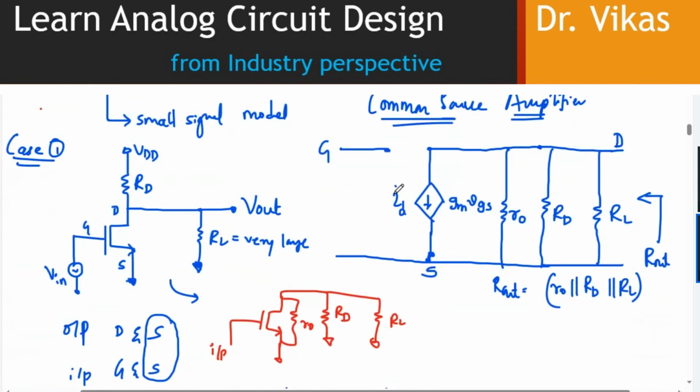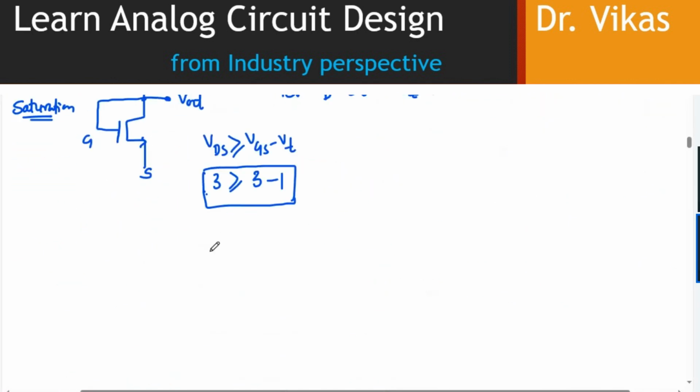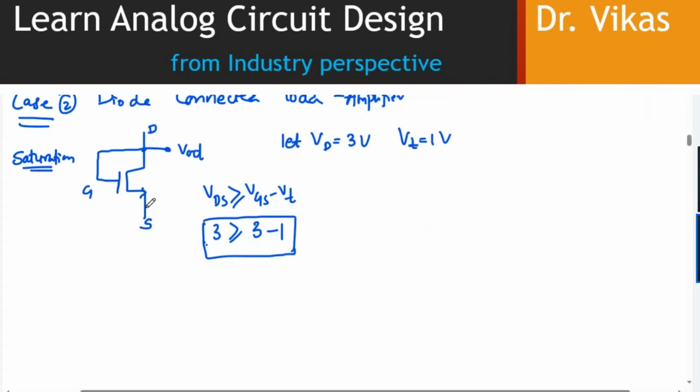Just like the way we calculated R out for case one, a simplified and general common source amplifier, let's calculate the output resistance of this configuration. Will that change, or how exactly does it look?